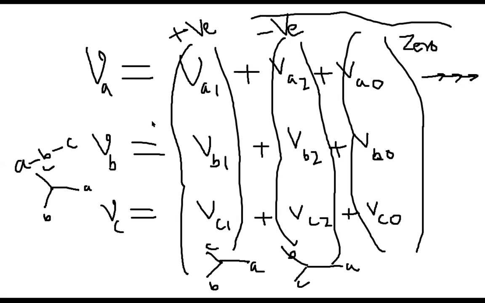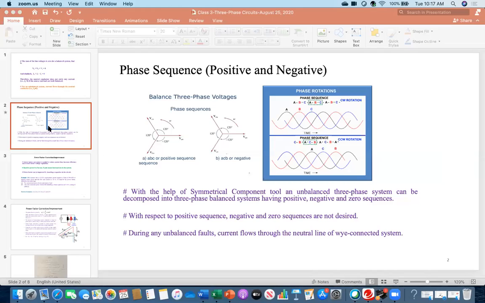Okay, so now I'm going back to that slide again. Yes, I explained this bullet. With the help of the symmetrical component tool, an unbalanced three-phase system can be decomposed into three-phase balanced systems having positive, negative, and zero sequence.